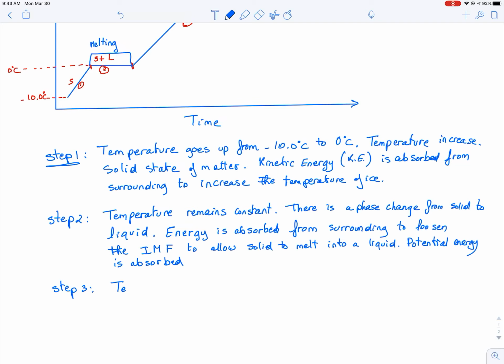So, to explain that, you know that temperature goes up from 0 degrees Celsius to 100 degrees Celsius, and obviously that means that the temperature increases. We have a temperature increase. We have a liquid state of matter, right?